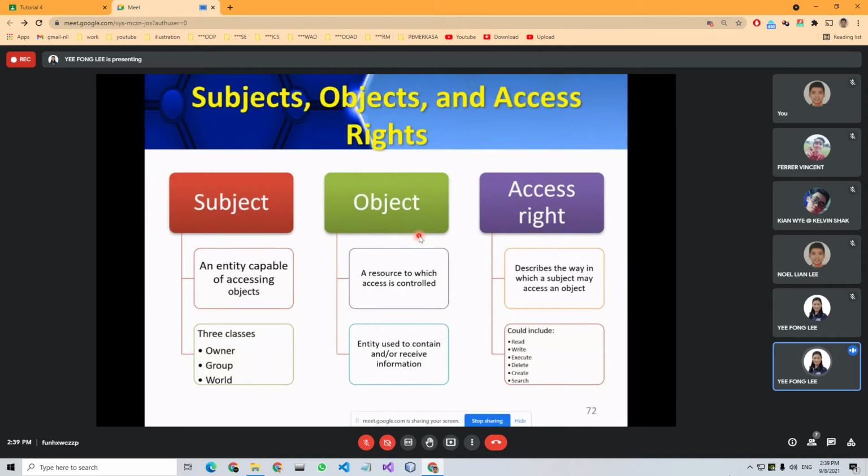Access right might describe the way in which the subject might access an object. So access right might include the following. This one should be understandable. Can they read? Can they write? Can they execute? Can they delete, create, or search the system resources?